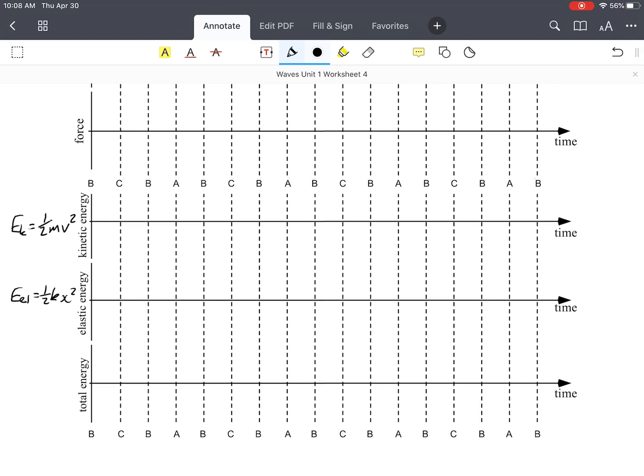And if you are squaring the speed or the velocity at which the box is moving to get kinetic energy, that means your kinetic energy is always going to be positive. And when you're looking at these kinetic energy and elastic energy graphs, anything below the line is negative and anything above the line is positive. And so if you can't have a negative kinetic energy and a negative elastic energy, where should the wave never go?